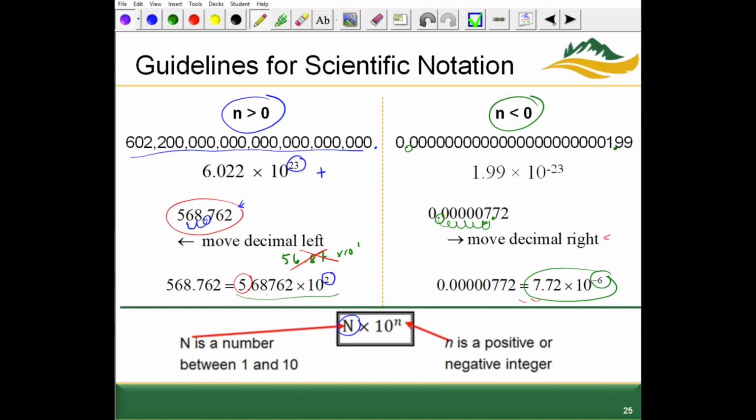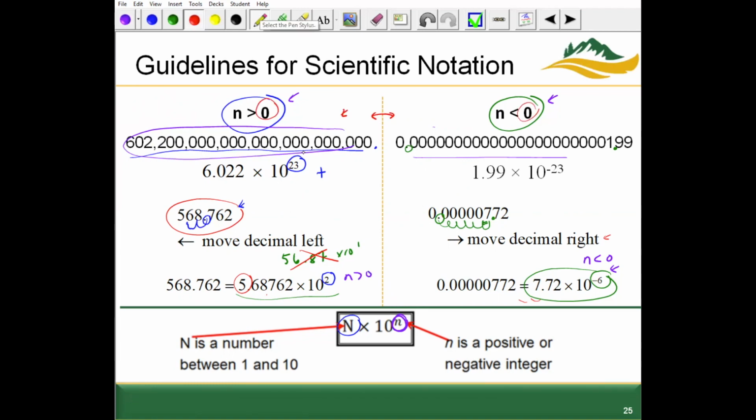One thing I want to clear up as I was talking about this, realize that this number is greater than 0. This full number is also greater than 0. So what I should have said for these, n is greater than 0 and less than 0, refers to the exponent here. So this is a negative exponent here, so that means that n is less than 0. And then for this exponent here, n is greater than 0.